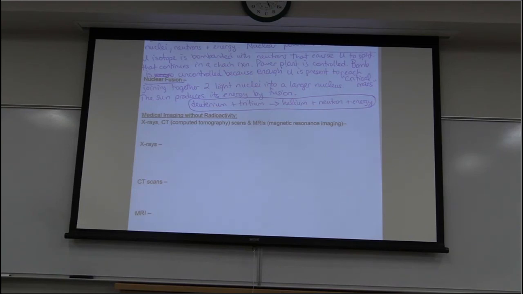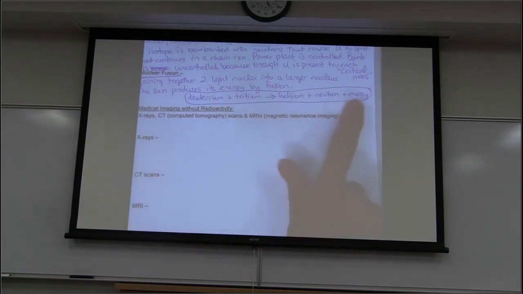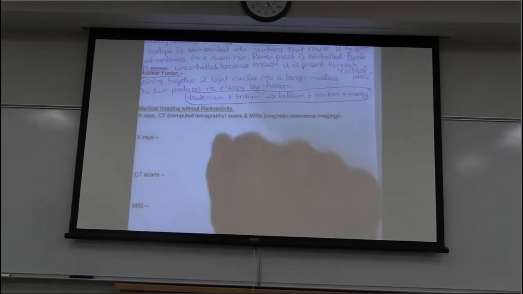It had a mass total of 5, but what got kicked out? A neutron. That's where that neutron came from. And in the process of fusing this together, you get energy created. That's how the energy from the sun is created.